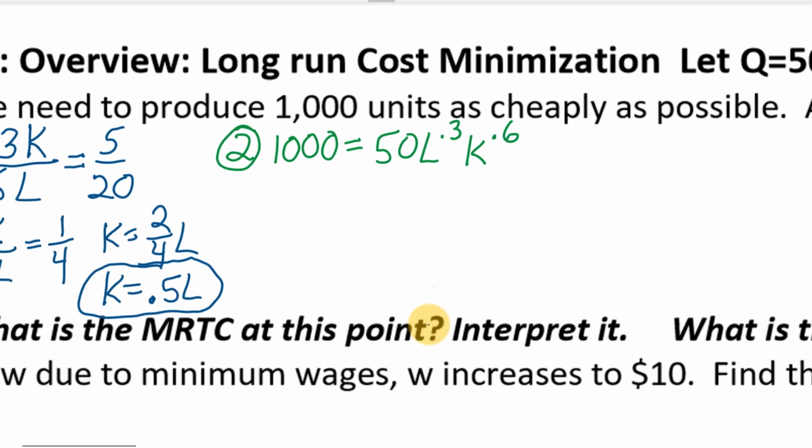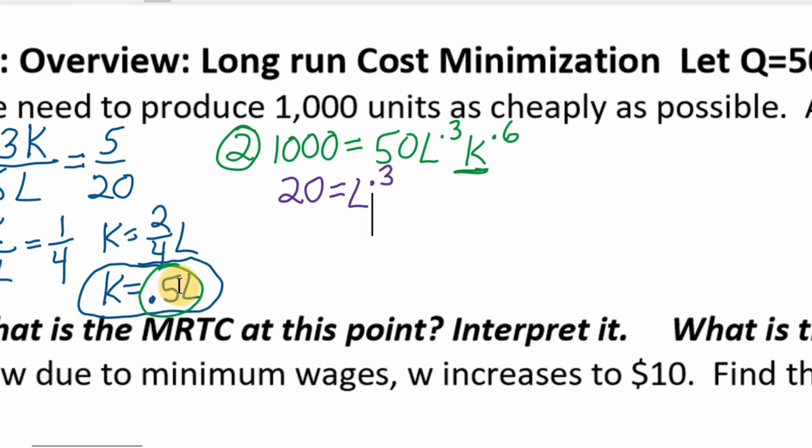And all we're going to do is substitute in K equals 0.5 L in here for K. Now again, just to simplify things slightly, let's divide both sides by 50 just to minimize the number of moving parts we have in this equation. 1,000 divided by 50 is going to give us 20. And so here we have 20 equals L to the 0.3.